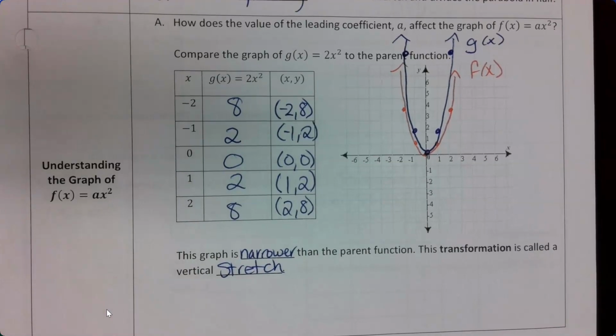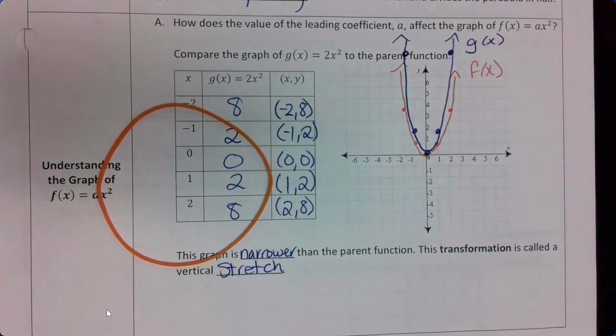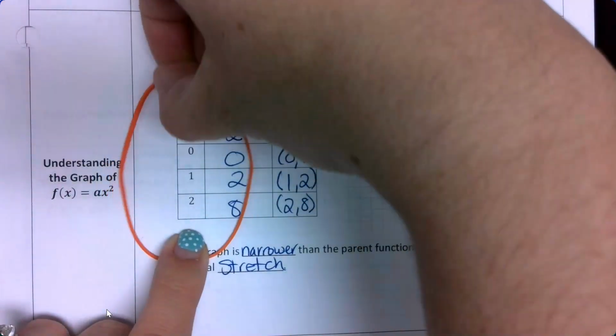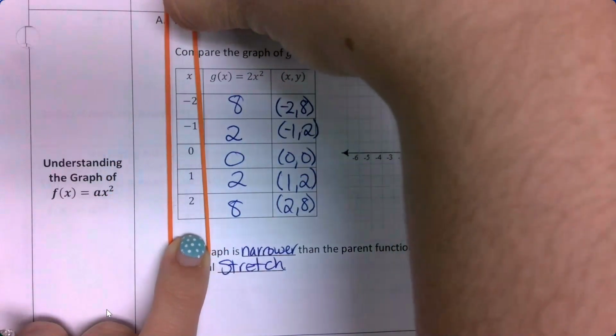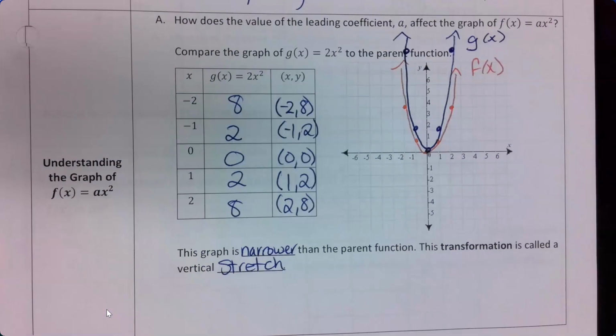So what's happening here is if we imagine a rubber band, and this is just the way the rubber band normally is, if I stretch it vertically, so up and down, it gets skinnier. So that's the same thing that's happening with our graph right there. We're stretching it vertically, so it's getting skinnier.